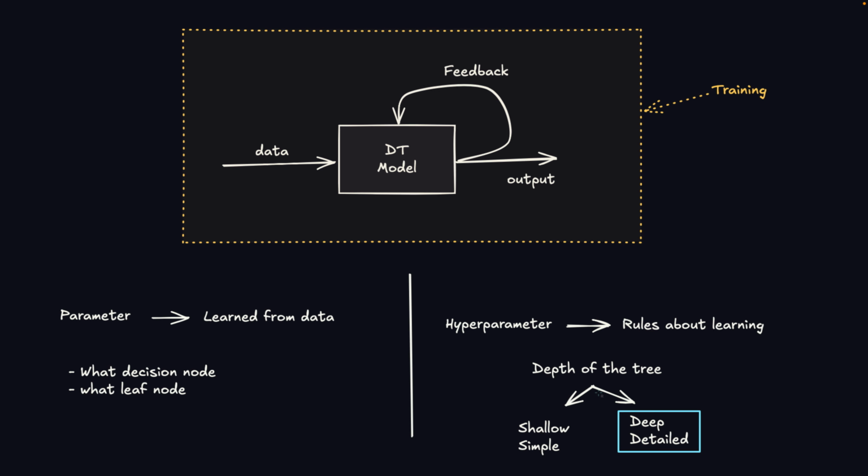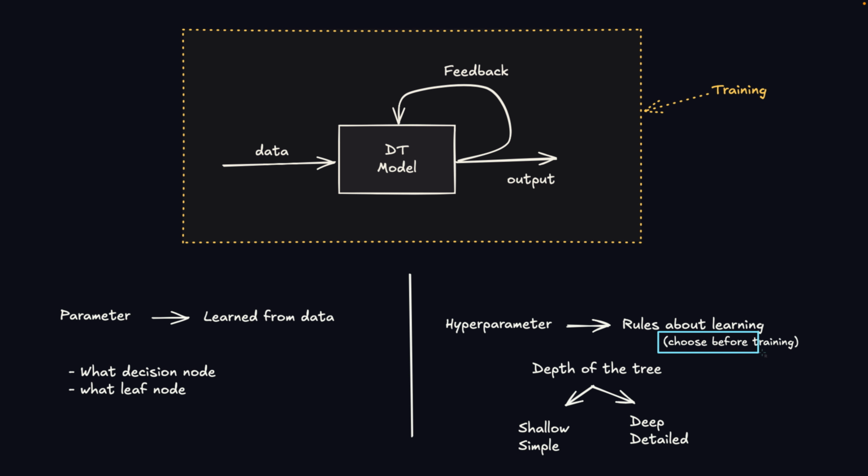Even if we use the same data, the model will be very different depending on the depth that we choose. So these types of parameters that we specify upfront, even before the training starts, are called hyperparameters, because these are parameters that are not learned from data.